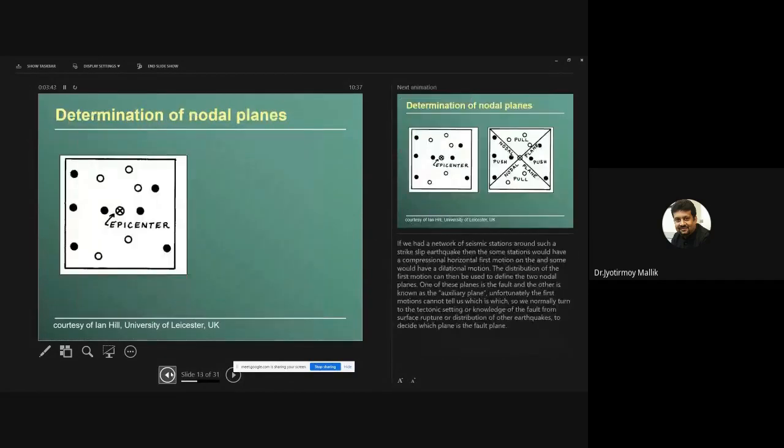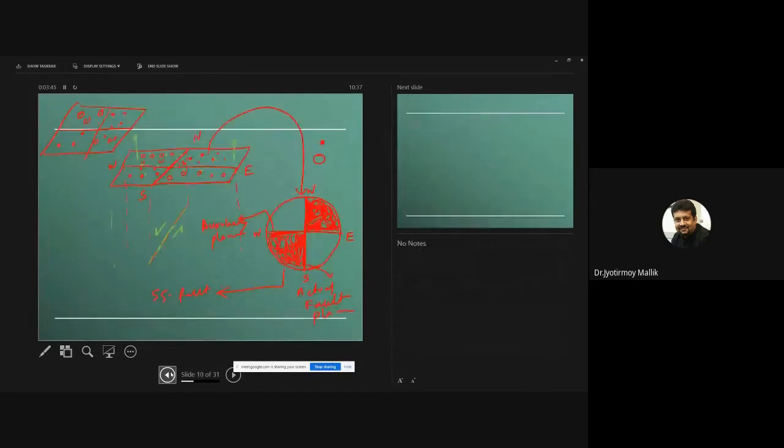You remember that when I talked about this. The solid circles are compressions, conventionally, and you fill them in the stereo net, and the empty circles are dilations, right? So in the stereo net, you leave them blank. It's convention only. Okay, clear or not? Yes, sir.